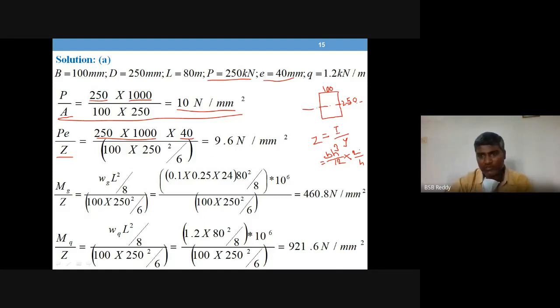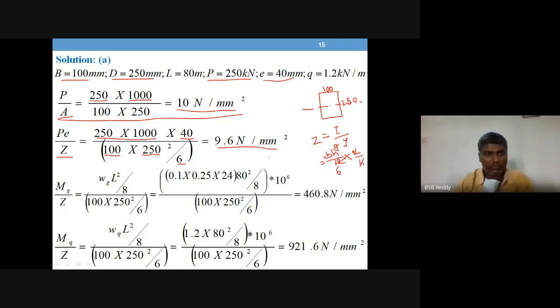When it is taken to the numerator, it becomes reverse, so 2 by h. So it is bh square by 6 is the Z value. So bh square or bd square, whatever notation you use, bd square by 6. If you work out this value, it comes to 9.6 megapascal, Newton per mm square.